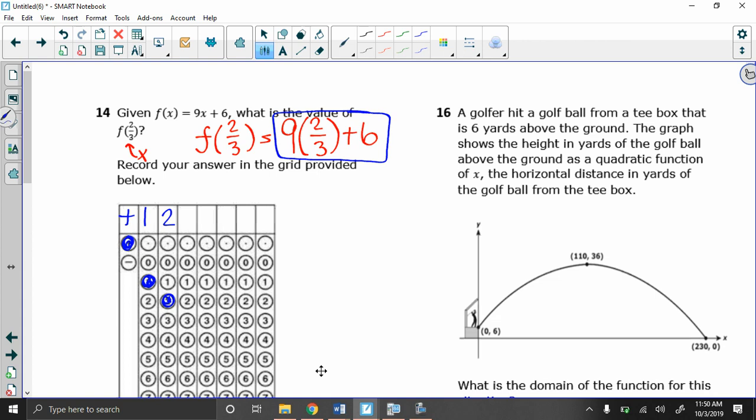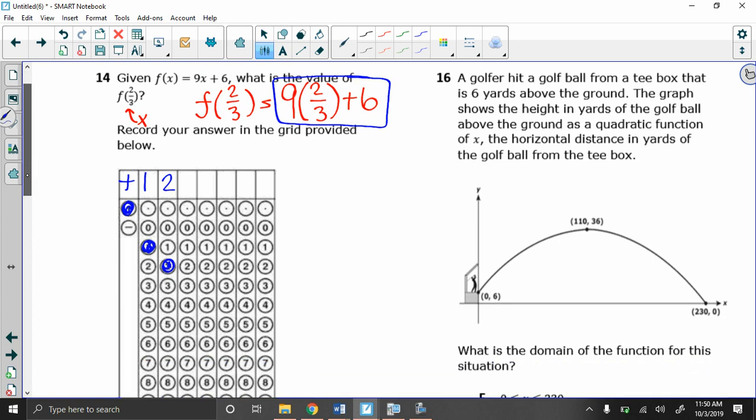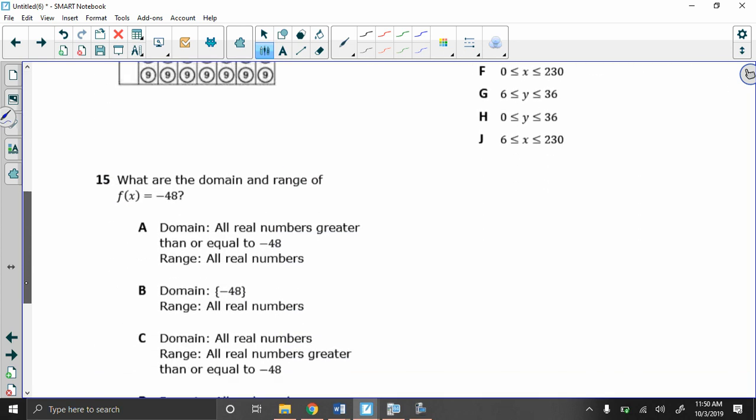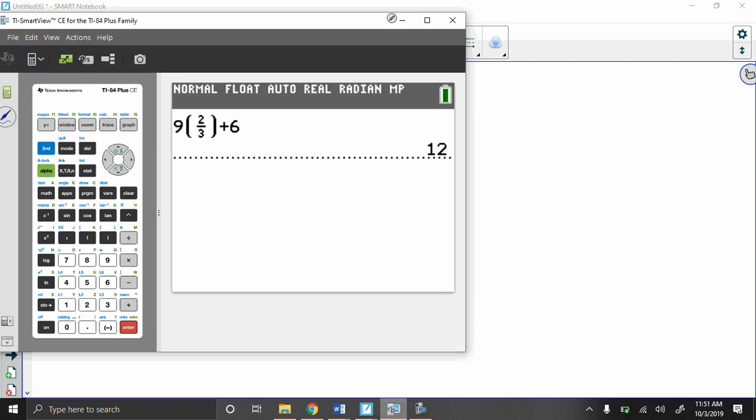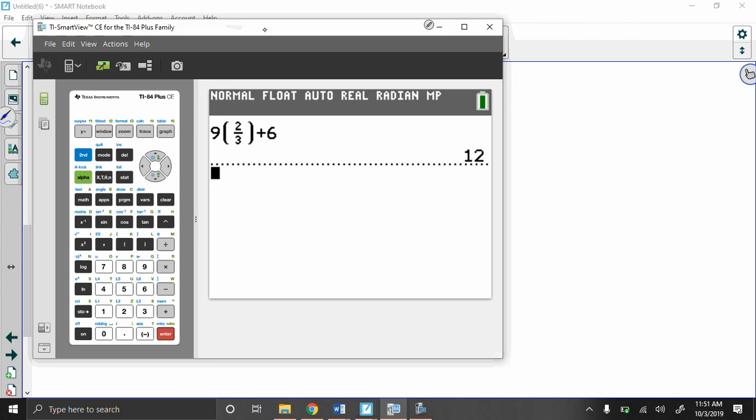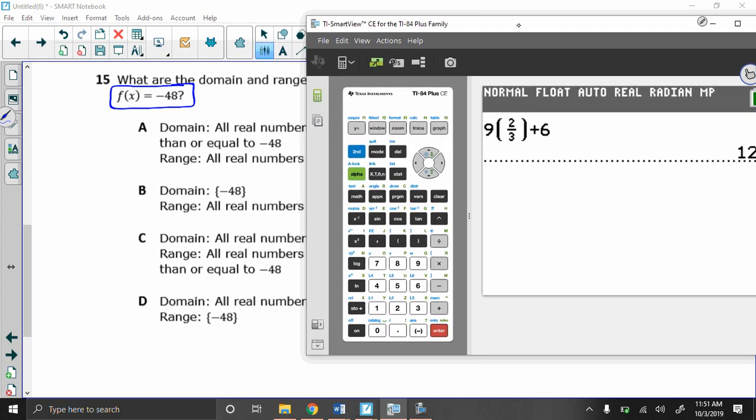All right, moving on. So let's look at 15. Two more questions and then we'll be done. So 15, it's asking what is the domain and range of f of x equals -48. So like any other function, I'm going to graph it. So let's go ahead and go to y equals.